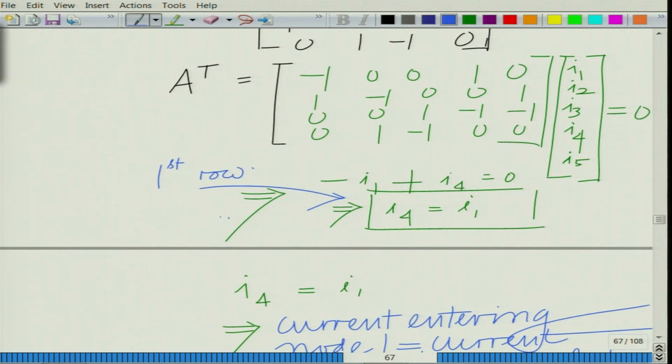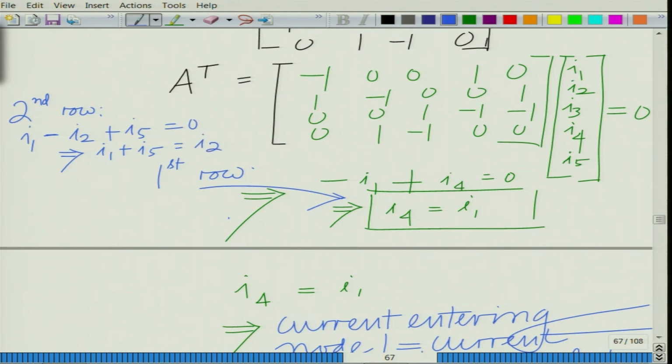The second row will be minus I1 minus I2 plus I5 equal to 0, which implies I1 plus I5 equal to I2.